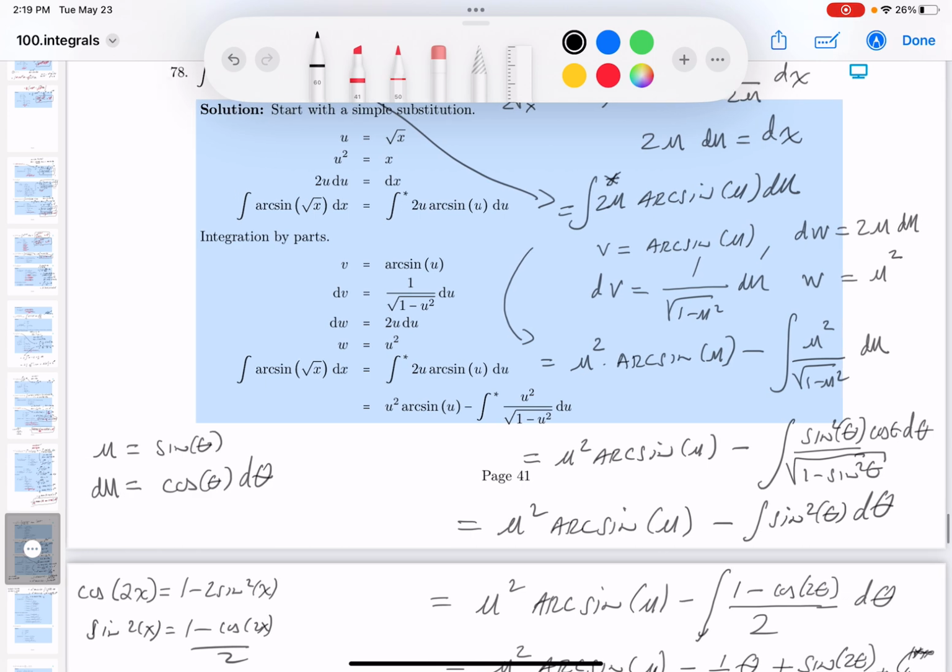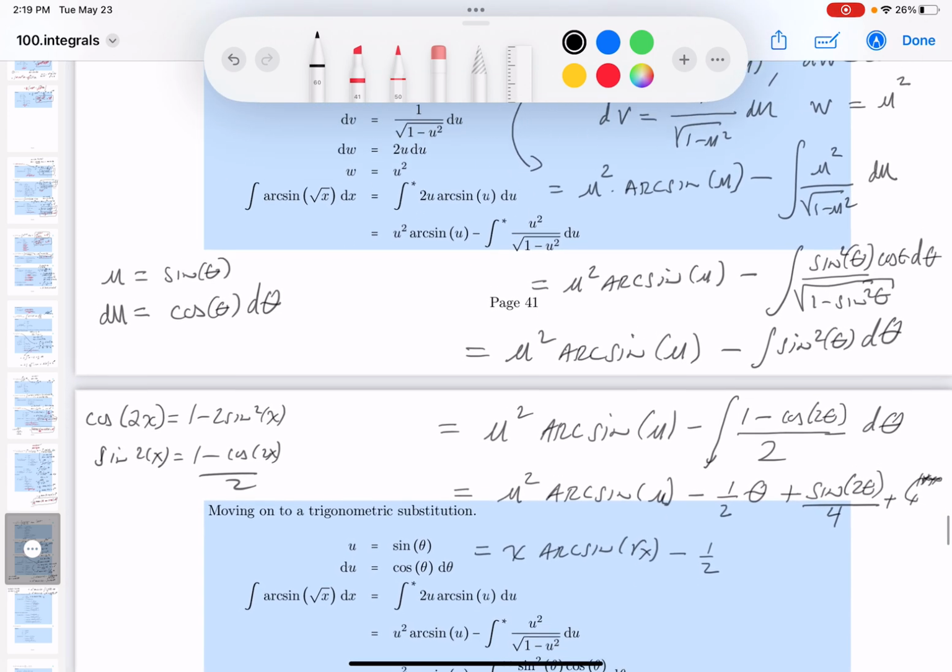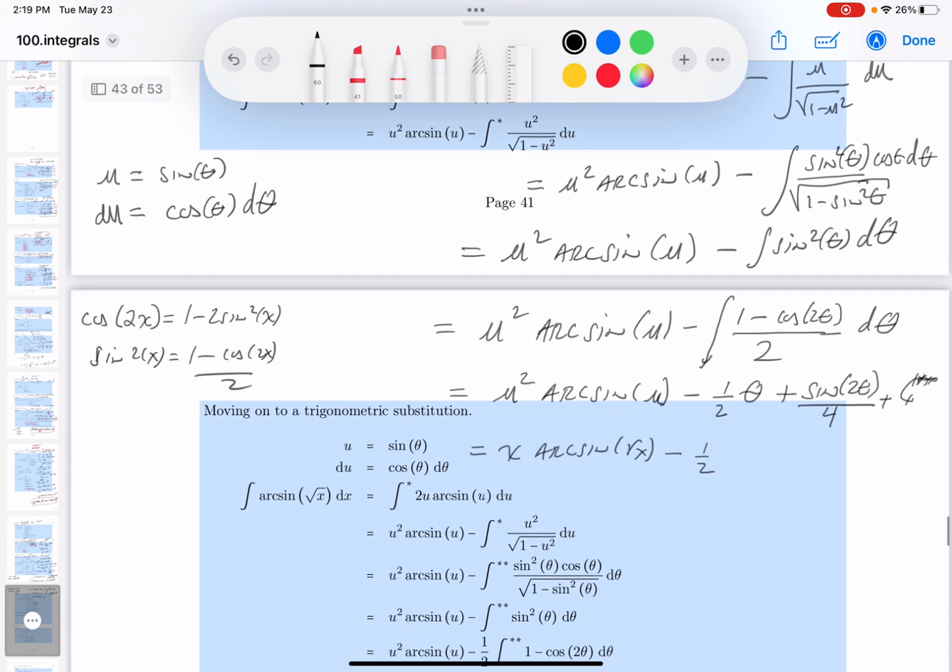I gotta go back. Sine of theta was u, so it's arcsine of u, and u was the root of x. I got troubles now. I got this thing to deal with, and that's going to be 2 sine theta cosine theta over 4 plus some constant of integration.